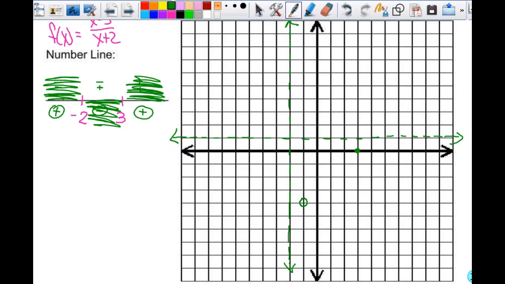And then a y-intercept at 0, negative 3 halves. And negative 3 halves would be, what's the value? Negative 1.5, right? Right there. So I have 3 things plotted there.